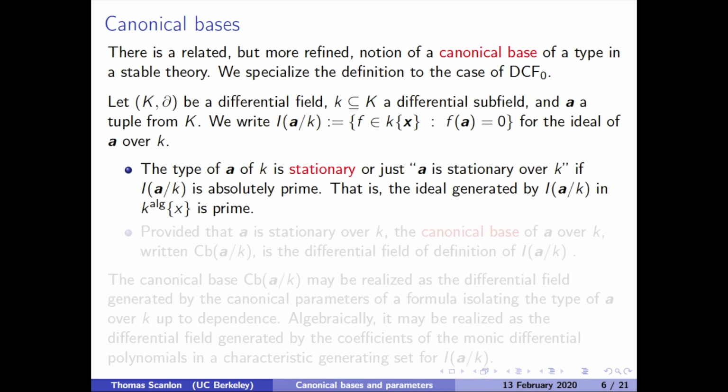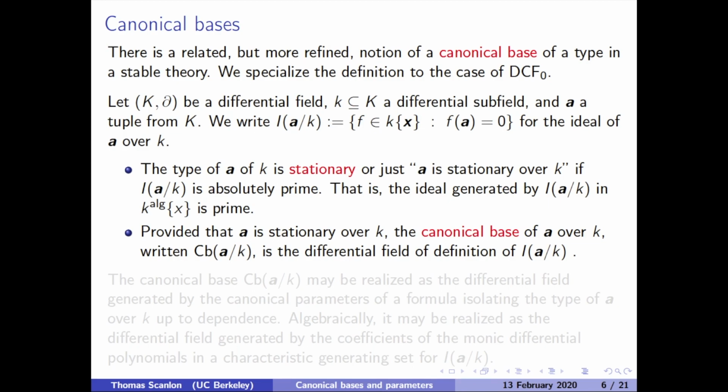As you might guess, because stationary and prime don't seem to be the same word, this is a word which comes from the more abstract kind of picture, but I'm going to stick to the word just so that you can match notions from one to the other. So it basically just means that anything that you might want to determine about the locus of this tuple over K remains invariant as you pass to the algebraic closures.